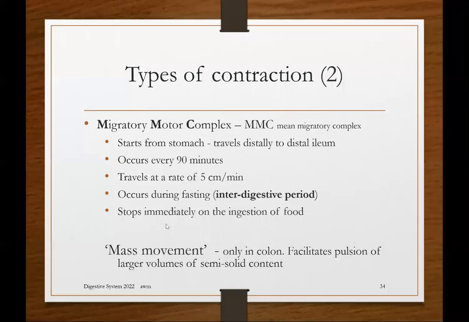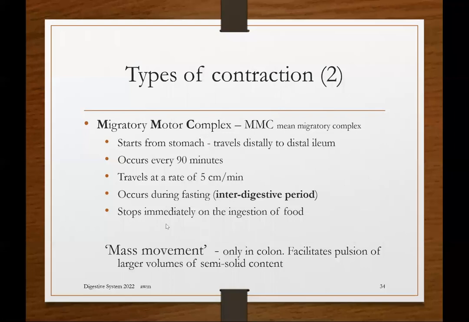And this is where we're telling you that in the colon, you've got the arrangement of the longitudinal muscles so that you have 3 bands along the length of the colon. So the circular muscle fibers will go around the circumference.